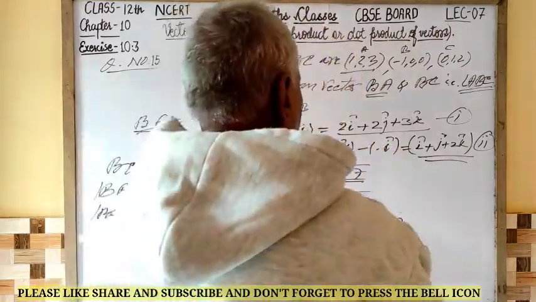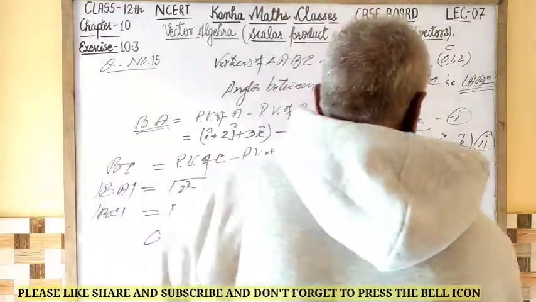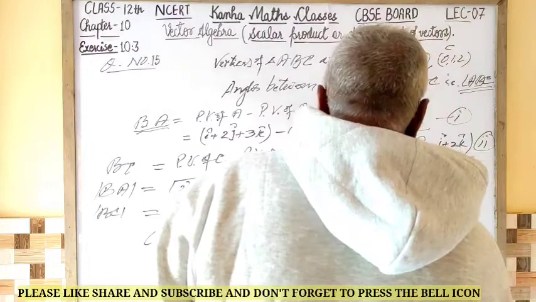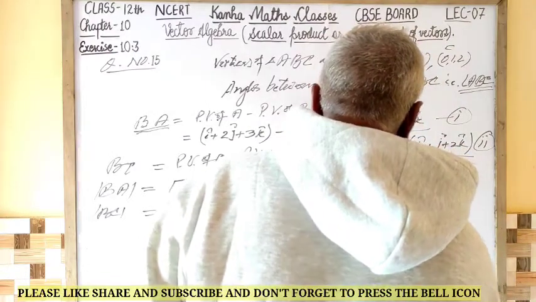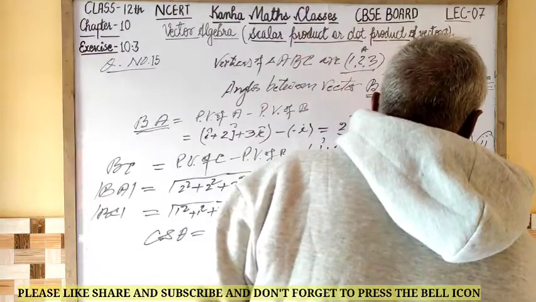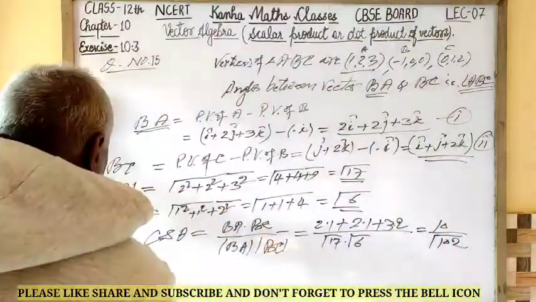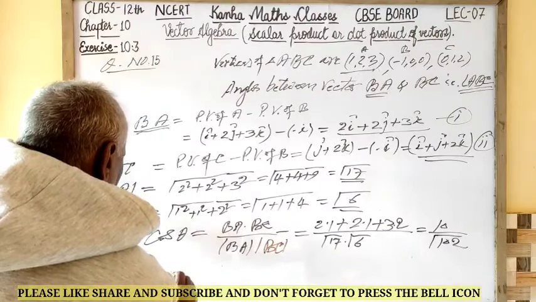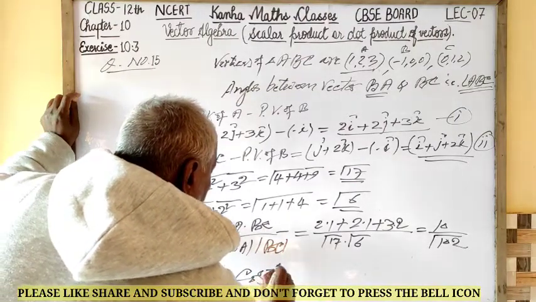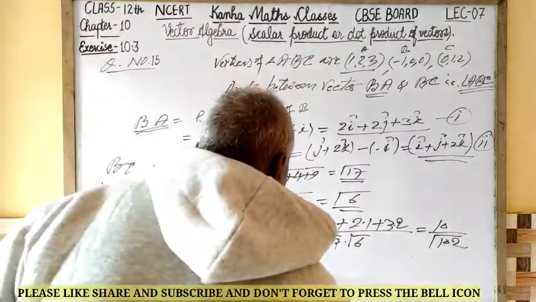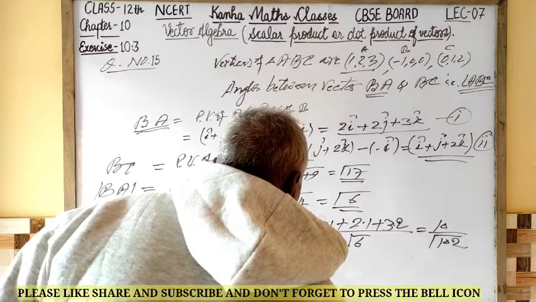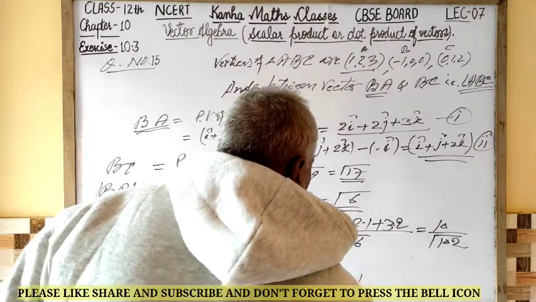This is 2 plus 2, 4, plus 6, 10, upon root 17 into 6, that is root 102. Hence theta is equal to cos inverse 10 upon root 102. This is the requisite answer.